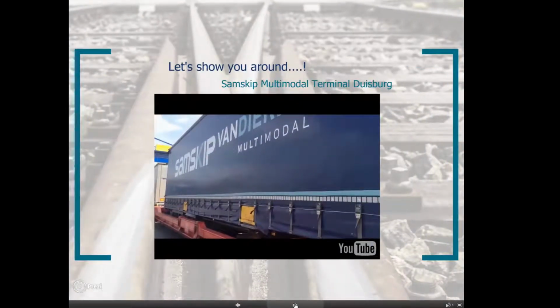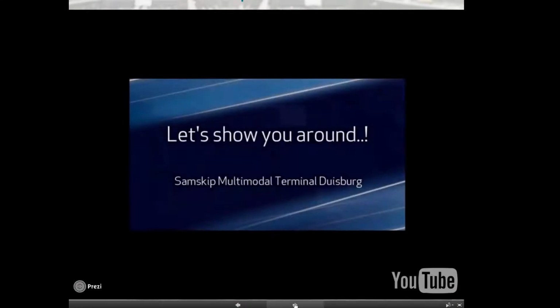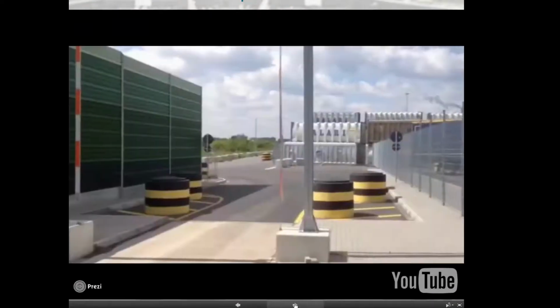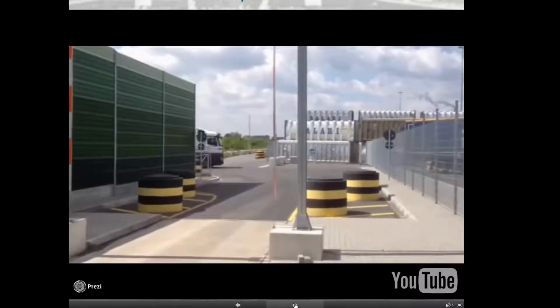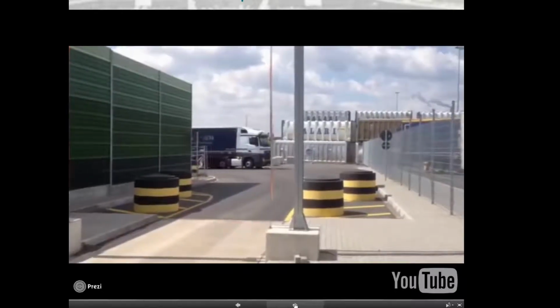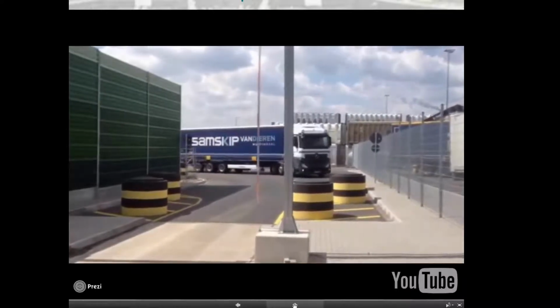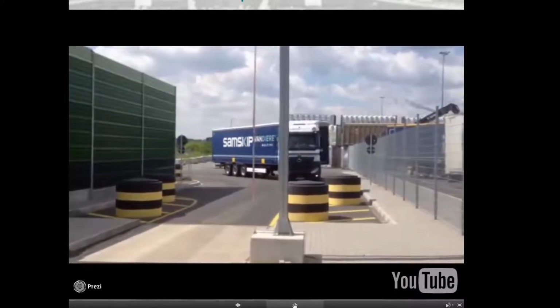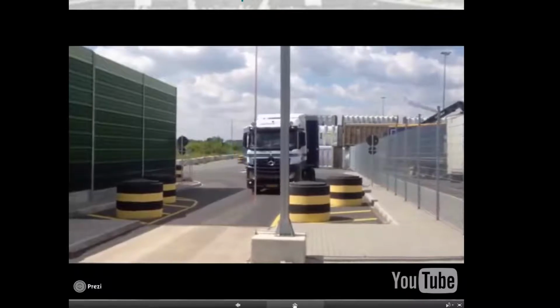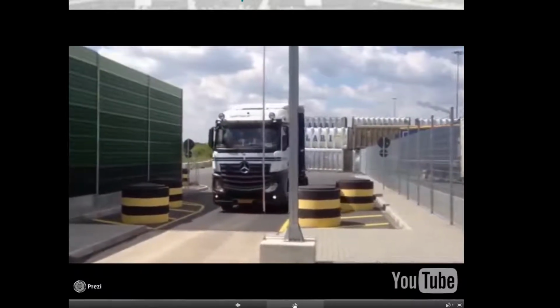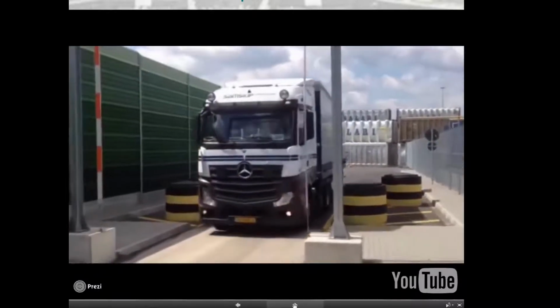Let's show you around the Samskip Multimodal Terminal Duisburg. One of our trailers is arriving at the terminal. When a trailer arrives, it will drive through the Camco gate. The Camco gate makes photos of all sides of the trailer and truck to record codes and damages.